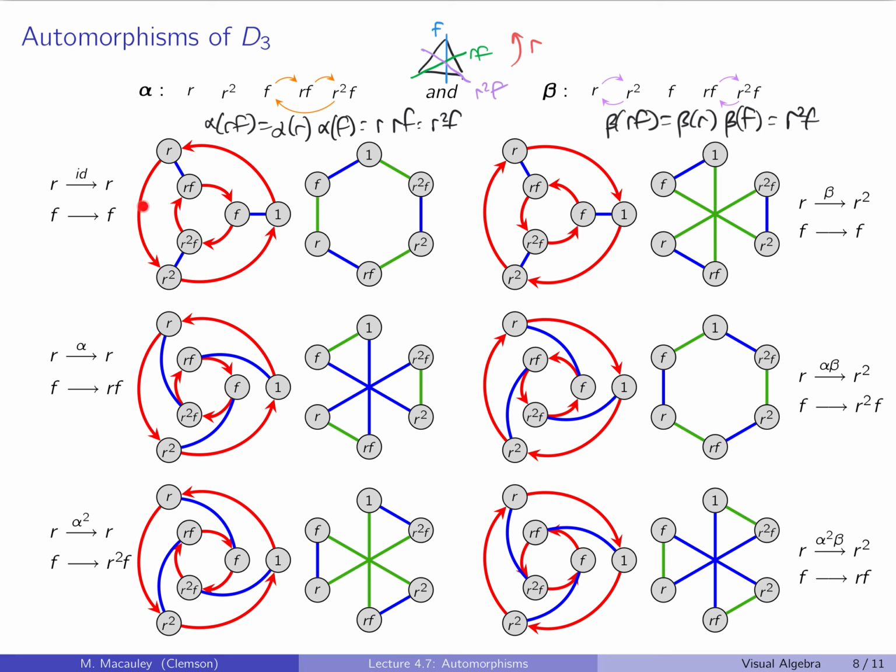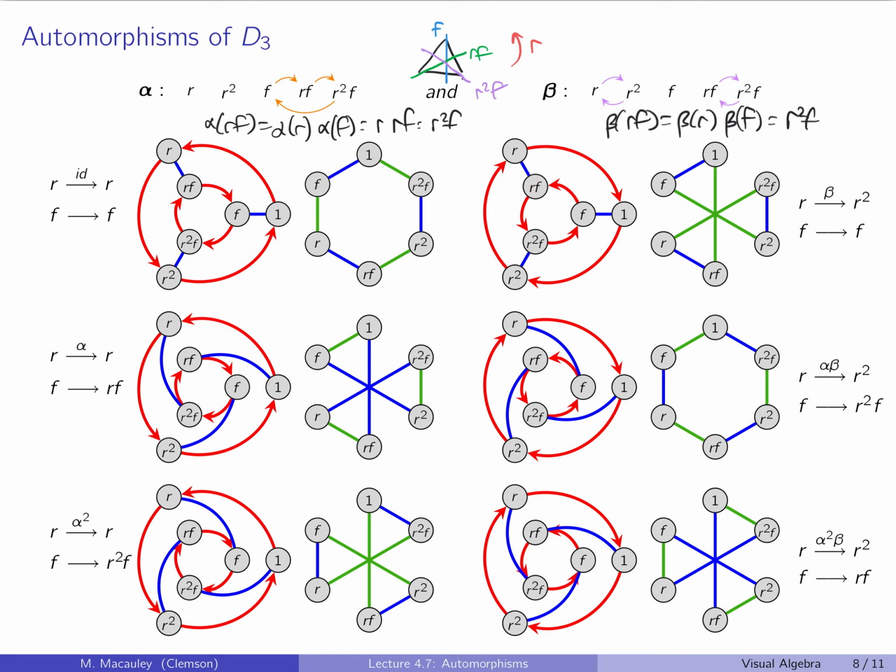So these counterclockwise, clockwise get sent to the clockwise and counterclockwise, but it also has some effect on RF. Now, it doesn't look like it has any effect because these blue arrows are unchanged, but notice that the path from here to here is RF, whereas over here it's R squared F because the red arrows are unchanged.